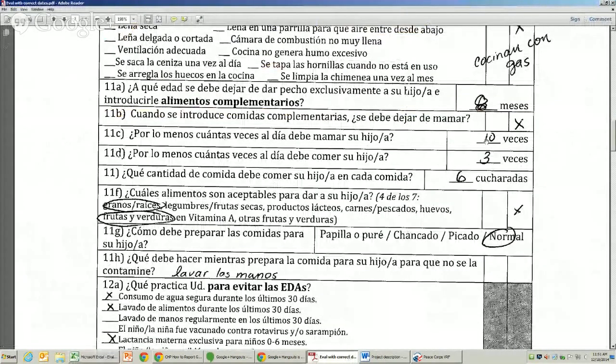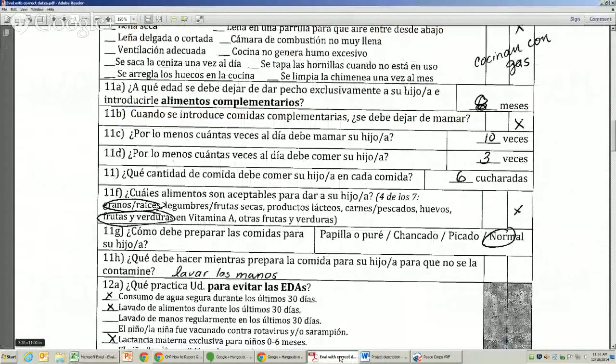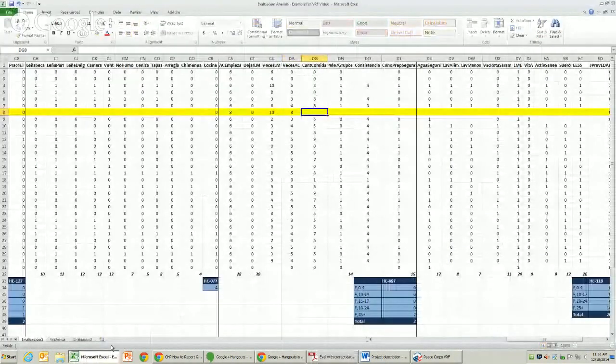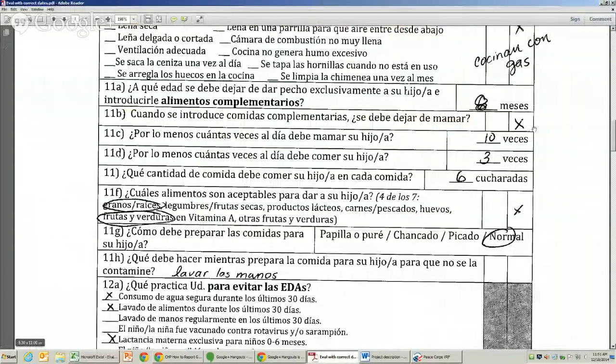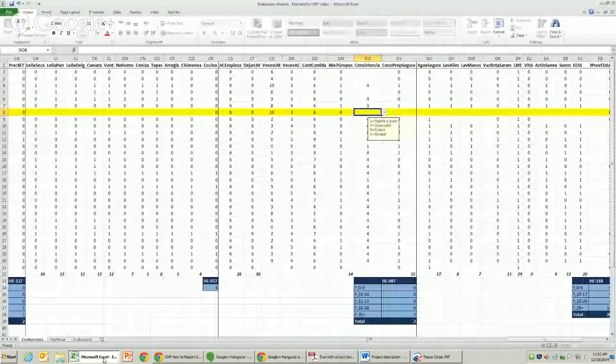They should have breast milk 10 times a day, should eat 3 times, and get 6 cucharadas. So we'll do 10. What was it? Sorry. 3 and 6. And then they mentioned only 2 groups, so that's a no on this one. And the consistency they said was appropriate, was normal.